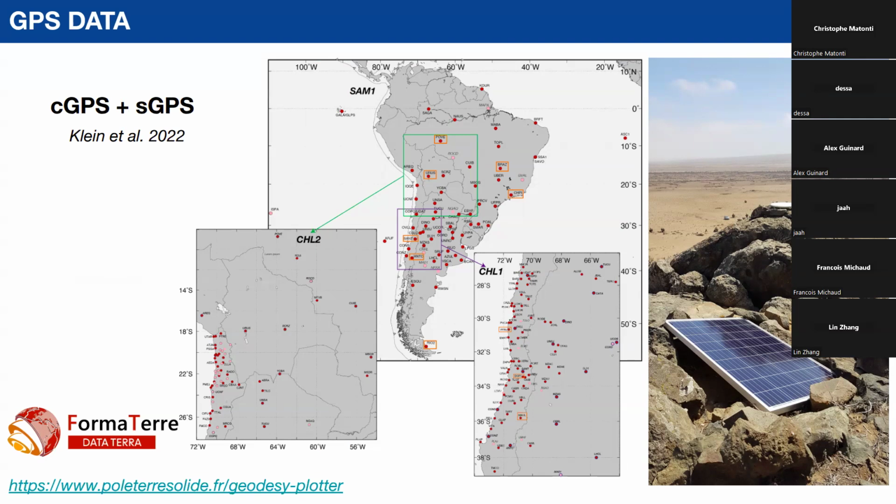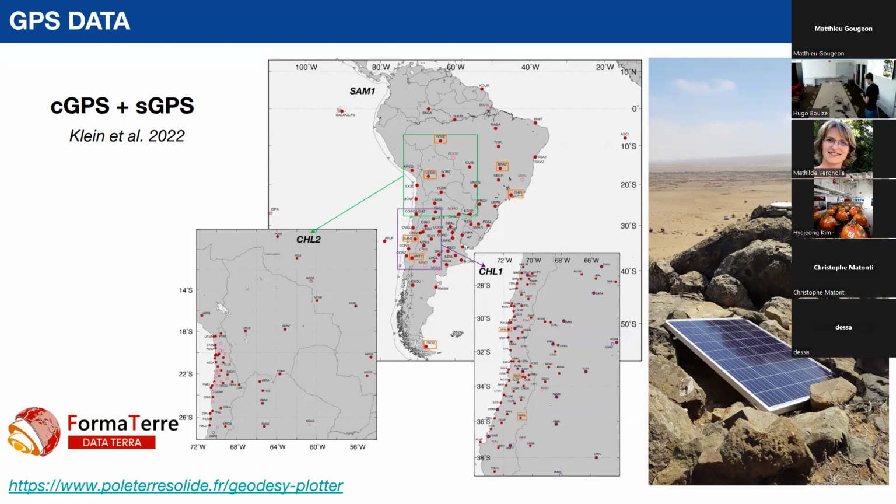You can find all the data now in the geodesy plotter in the Formatter network, so you can download all the time series I will present today following this link.